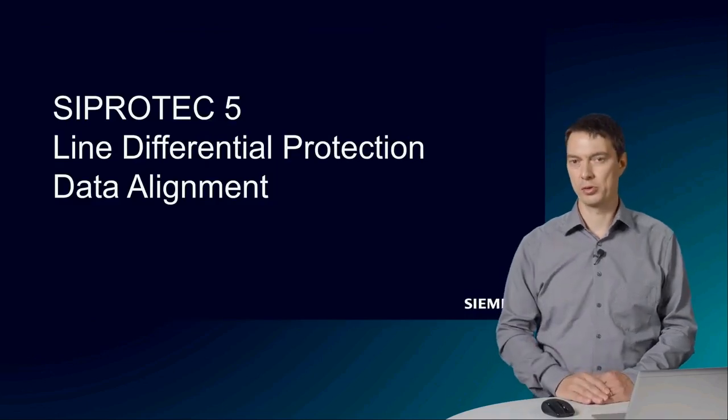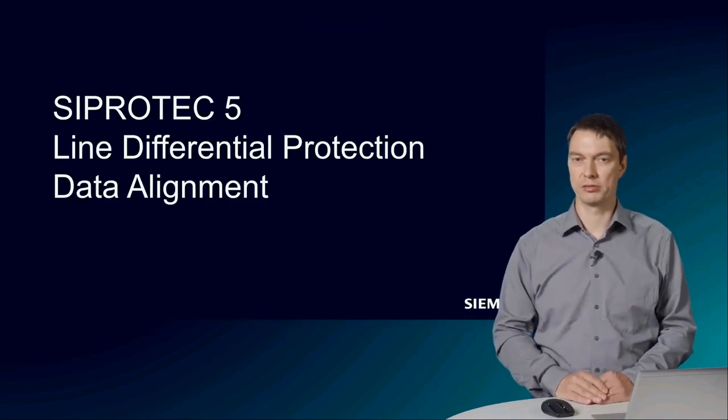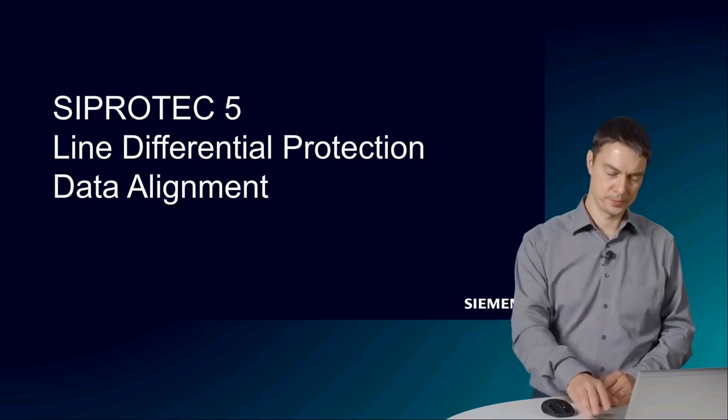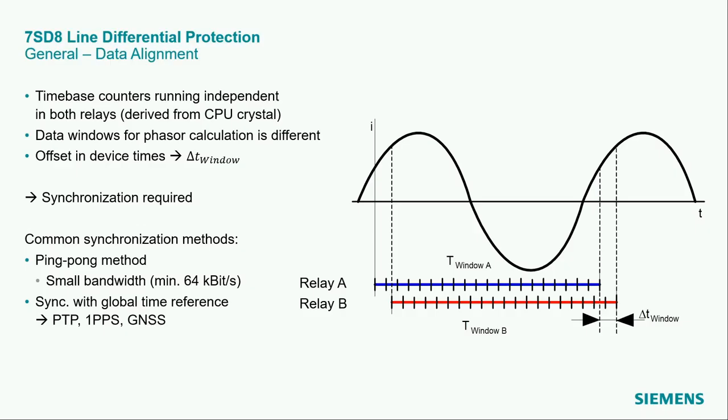Let's have a closer look at the data alignment for current differential protection. Consider a waveform in the time domain as shown in this figure. As mentioned, the sampling of the current waveform occurs asynchronous in both relays A and B. The time-based counters run independent and are derived from the CPU crystal frequency.